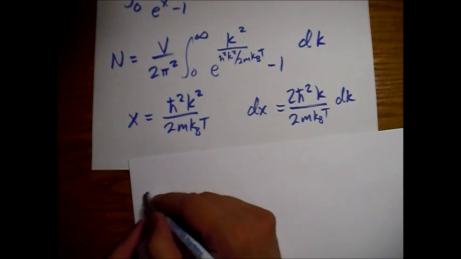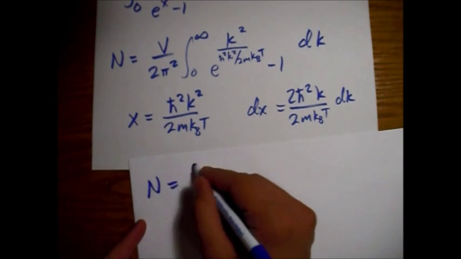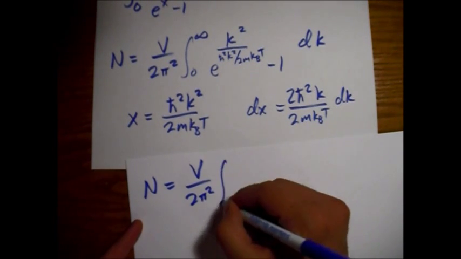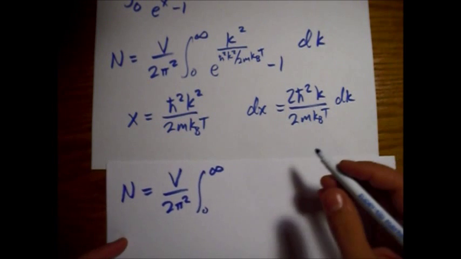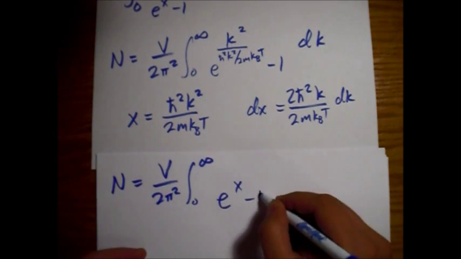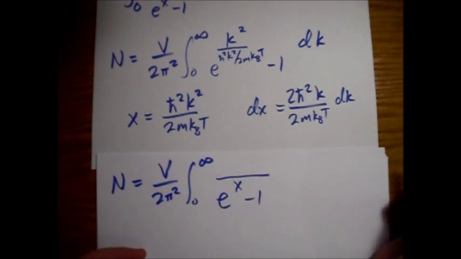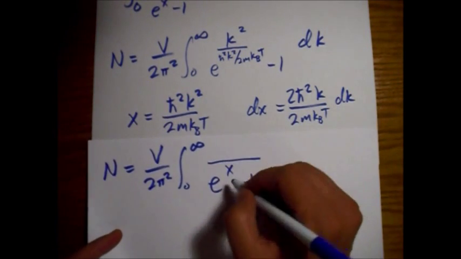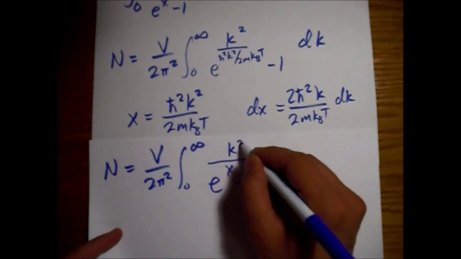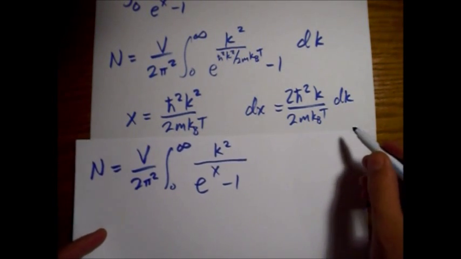So let's see what we can plug in here. Well, we know we have an e to the x minus 1 on the bottom. We still have a k squared up on top.